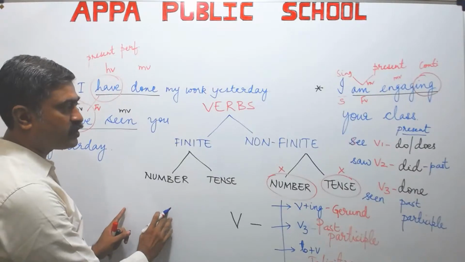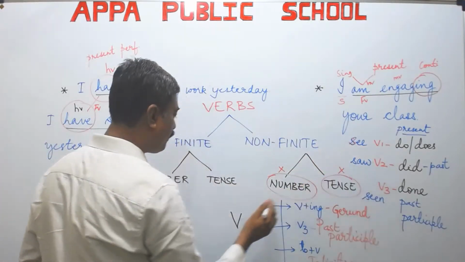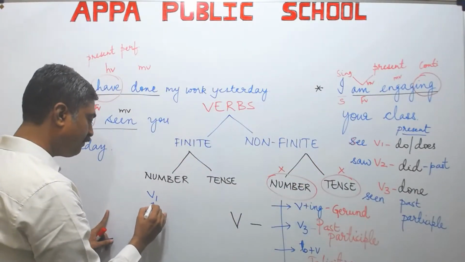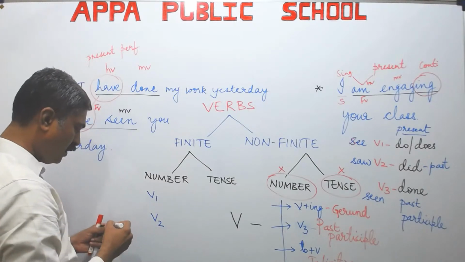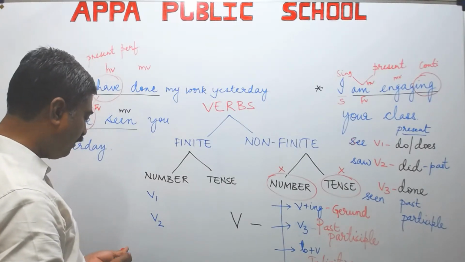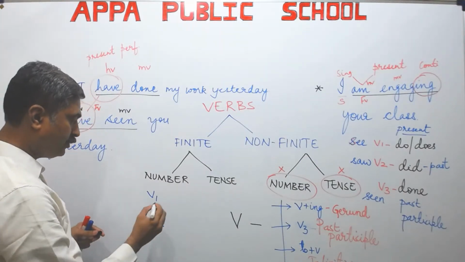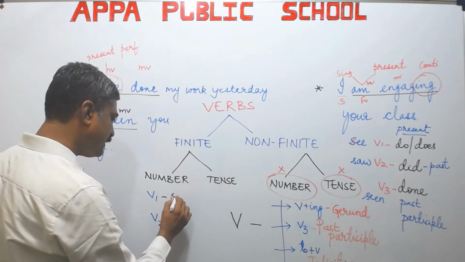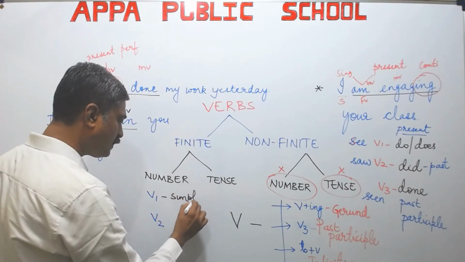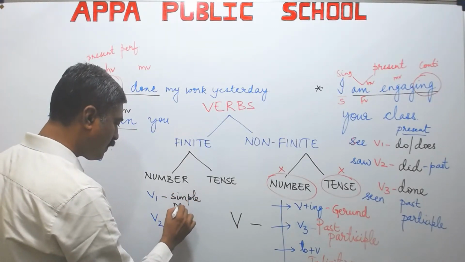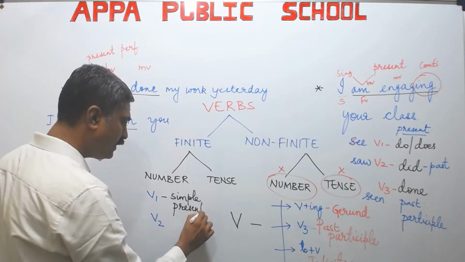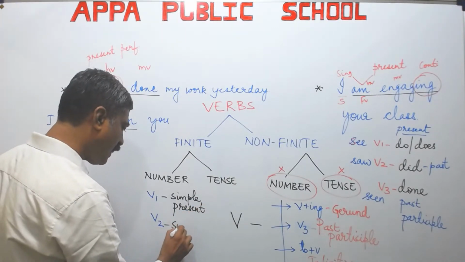Just for our reference, the first and the second form of the verb are finites, V1 and V2. What are they? The V1 and V2 here refer to simple present and simple past.